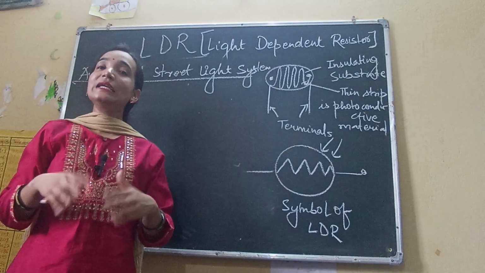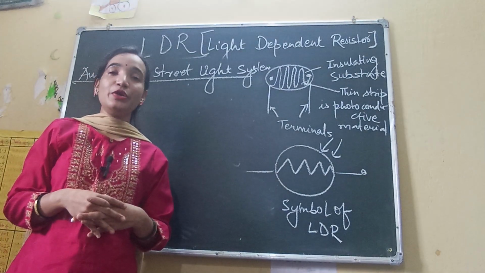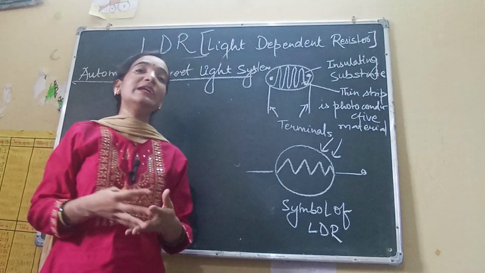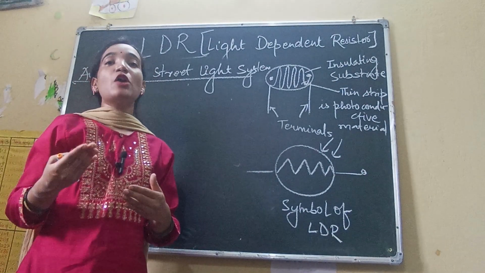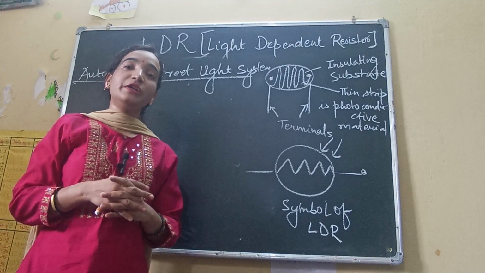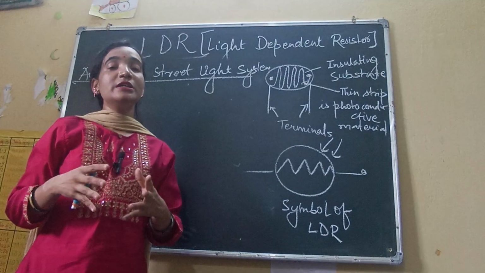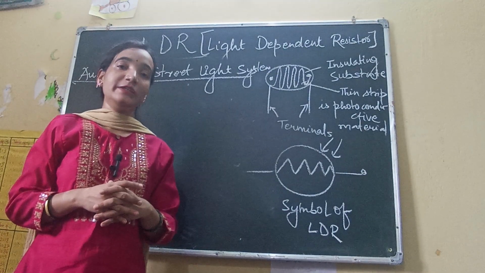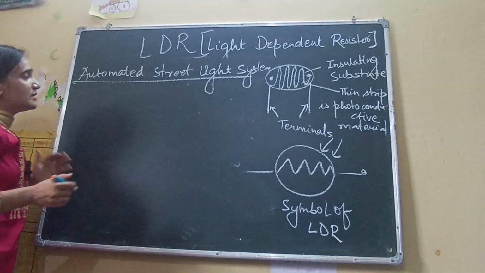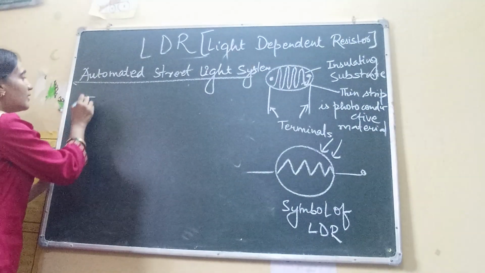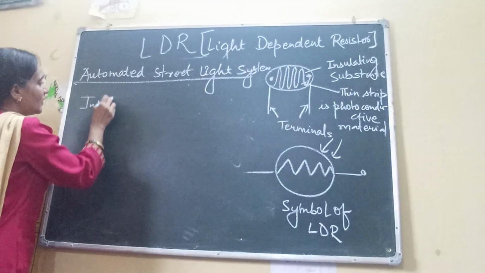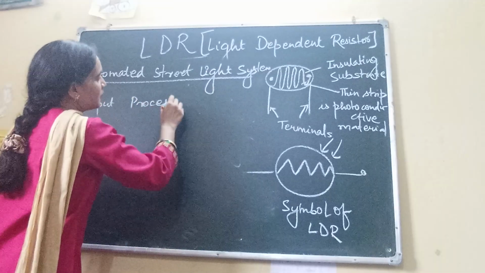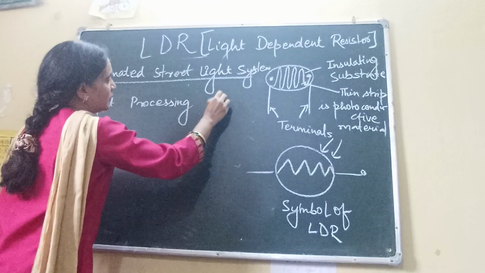In that case, it gives signals to the microcontroller, which then gives the output, and the light will turn on. So here we can understand there are three phases: input, processing unit, and output.